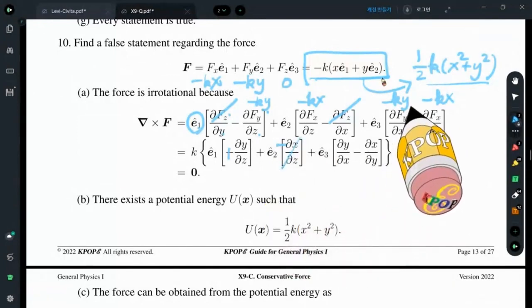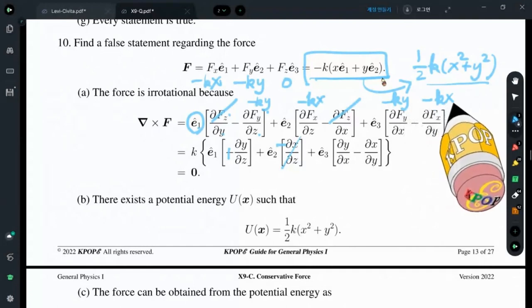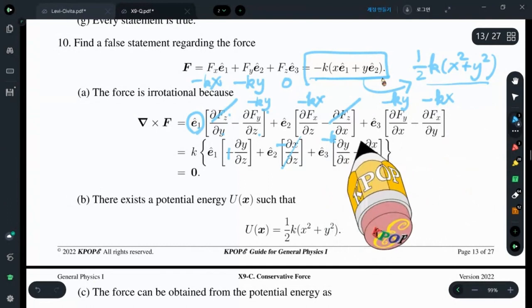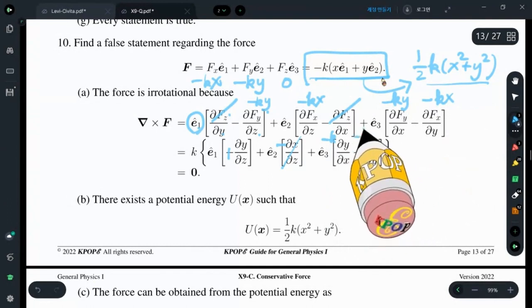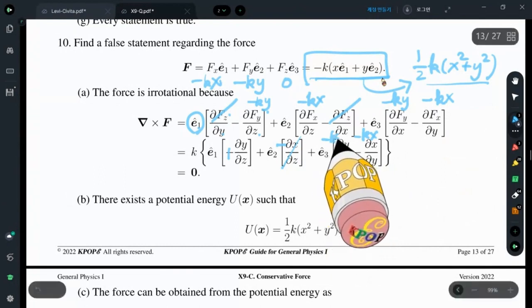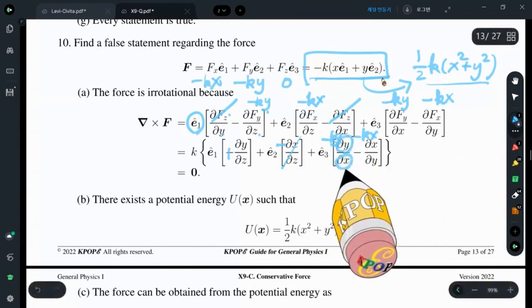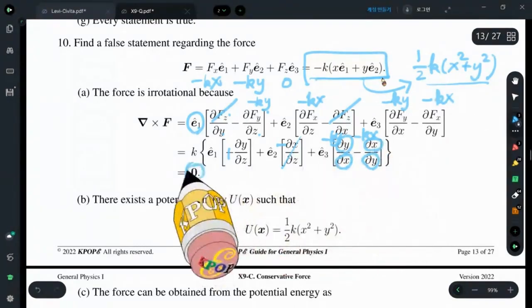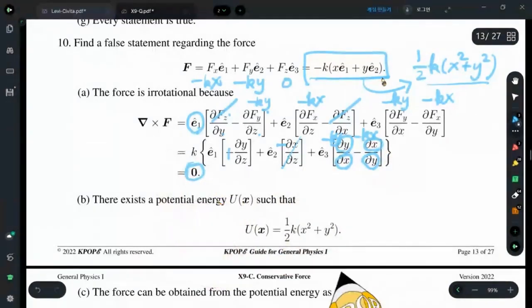This is minus ky, minus kx. Anyway, the y derivative with respect to x, or the x derivative with respect to y, everything vanishes. This curl is vanishing.